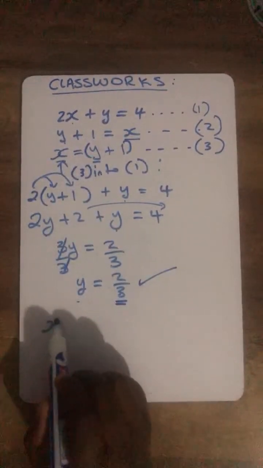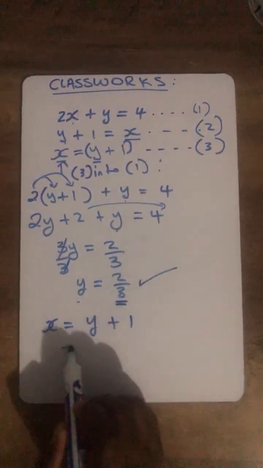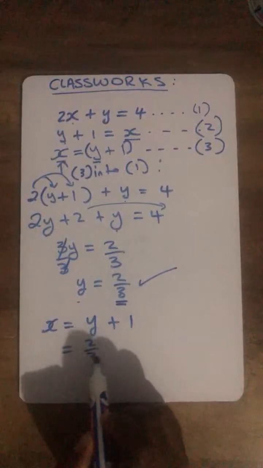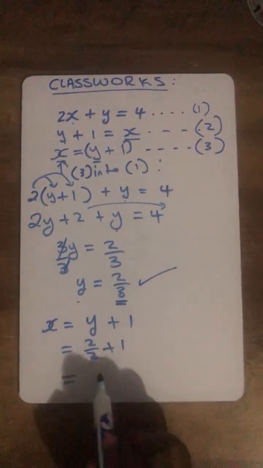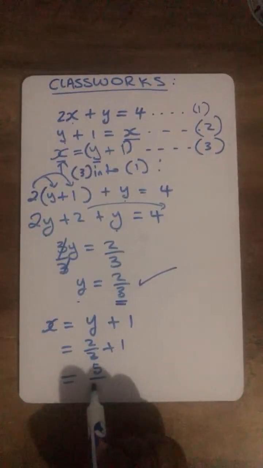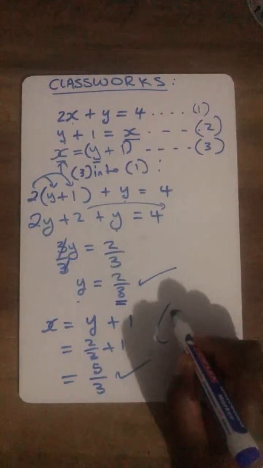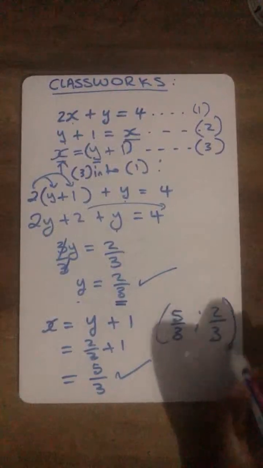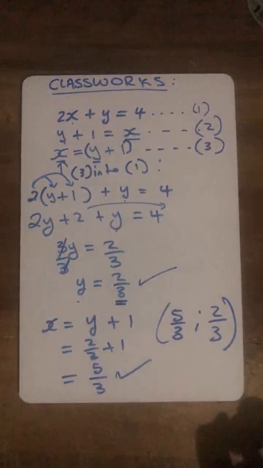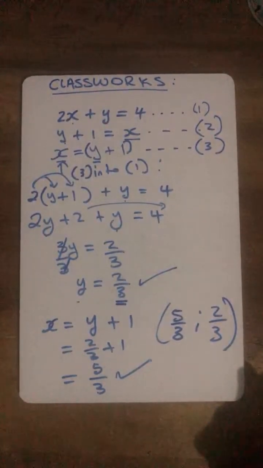So x is equal to, remember you had that, 2 over 3 plus 1, and then you work it out. That's where you guys are saying you have 5 over 3. So finally you got your x value being that, and your y value being that. It seems like you did get it correct, honorable members. You definitely did get it correct.